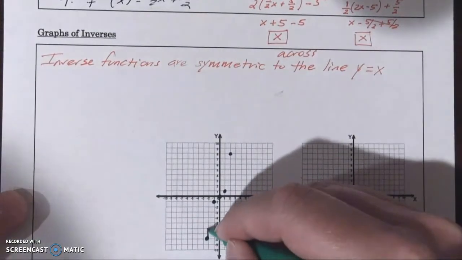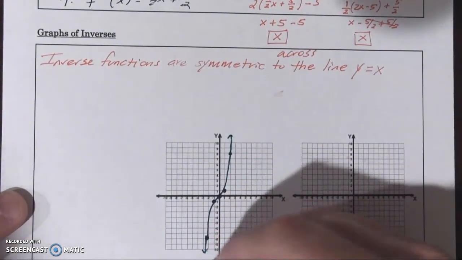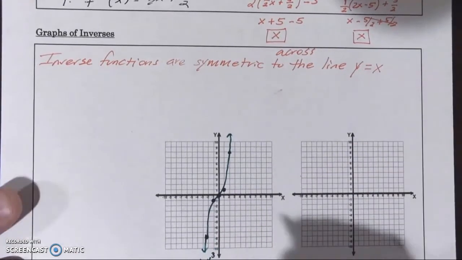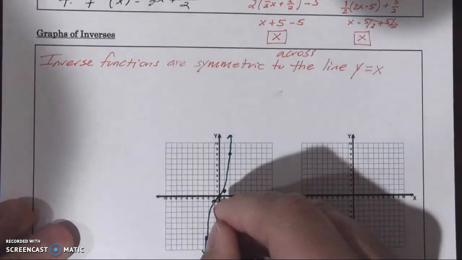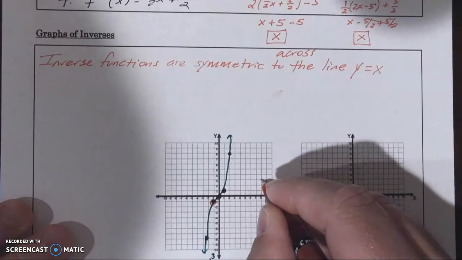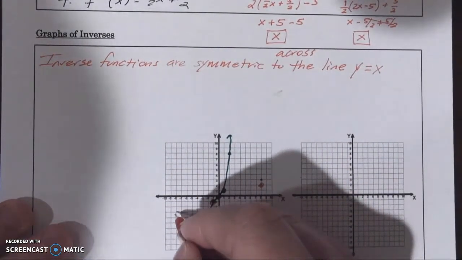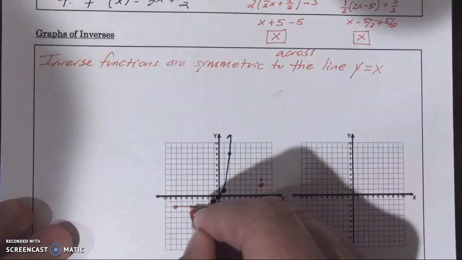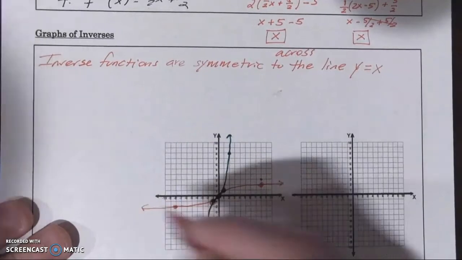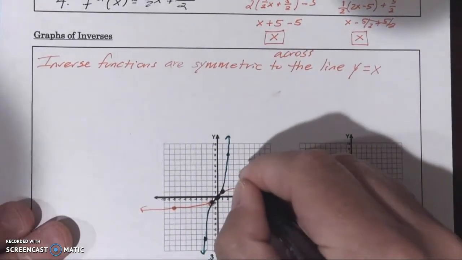Okay. This is the graph of x to the third. Okay. Different color here. Similar points, 2, 8, and -2, -8. And now, the line y equals x.